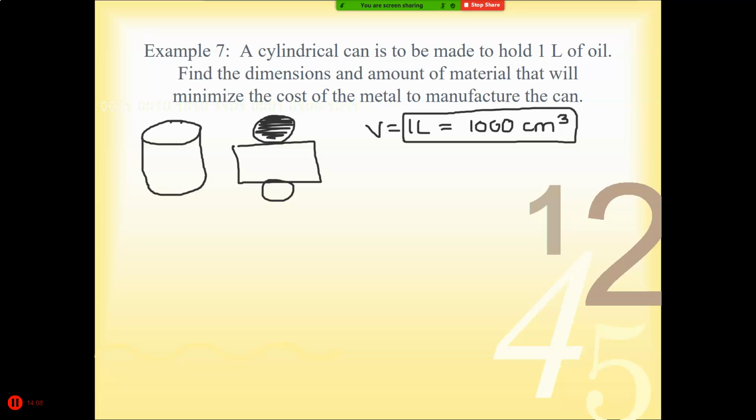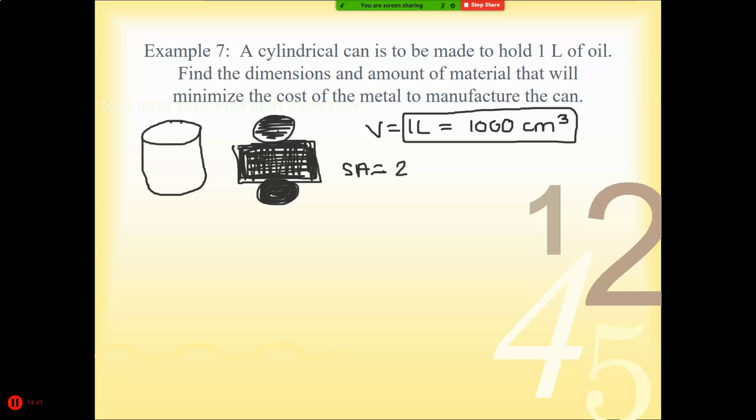So if you think about all the formulas I just talked about, we are trying to minimize surface area, the amount of material used to make the circles and the rectangle. So you have to know what the surface area of a cylinder is. As I previously mentioned, it's 2 circles and a rectangle.